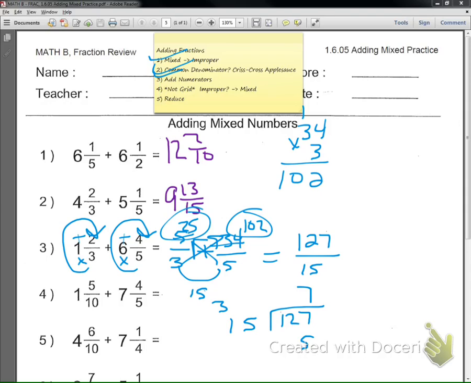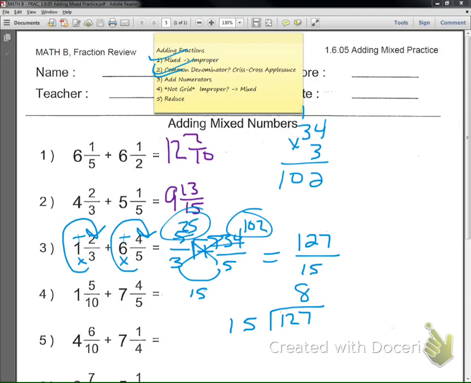Carry my 3. 7 times 1 is 7, plus 3 more is 10. Oop, it's still not high enough, I get 22. That's too big. But 22 is really not far off from 15. I must just need to bump it up 1. So I'm going to back it up. Instead of 7, I'm going to try 8. So I know I'm pretty close.